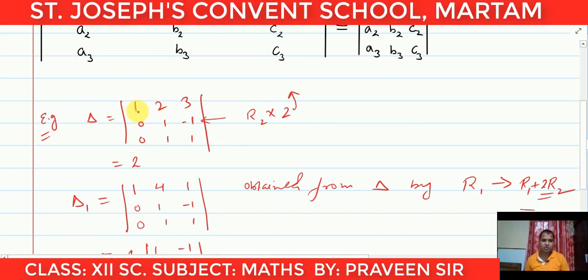So in this example what we did is, to the first row we added multiples of 2 using row 2. Then in that case also your determinant remains unaltered.